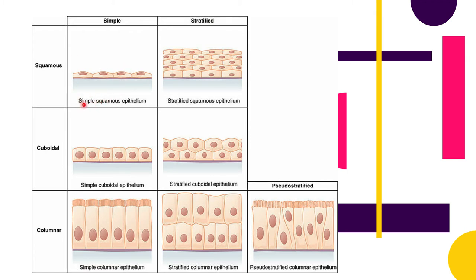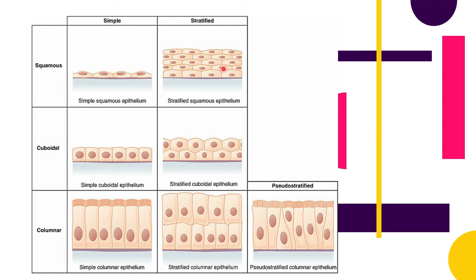So we have simple squamous epithelium. Simple, because it has one layer, and squamous because its cell shape is flat or plate-like. Then another example, we have stratified squamous epithelium. It is stratified because it is made up of more than one layer.